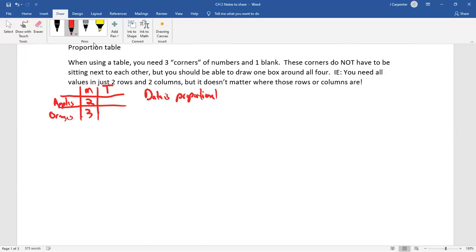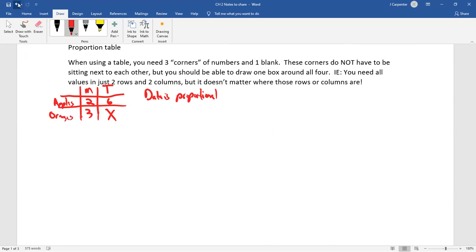And then I say, all right, on Tuesday, we sold 6 apples. How many oranges did we sell on Tuesday then? So I could leave that blank, or I could have it be written as a question mark. Either way, I could write this as an X for being the unknown. There's lots of different ways to leave that as the questioned value.